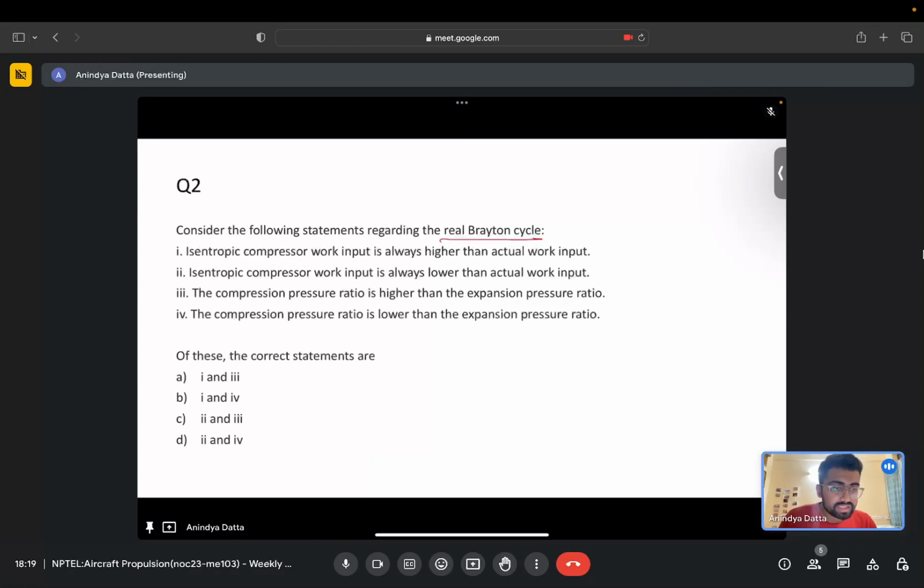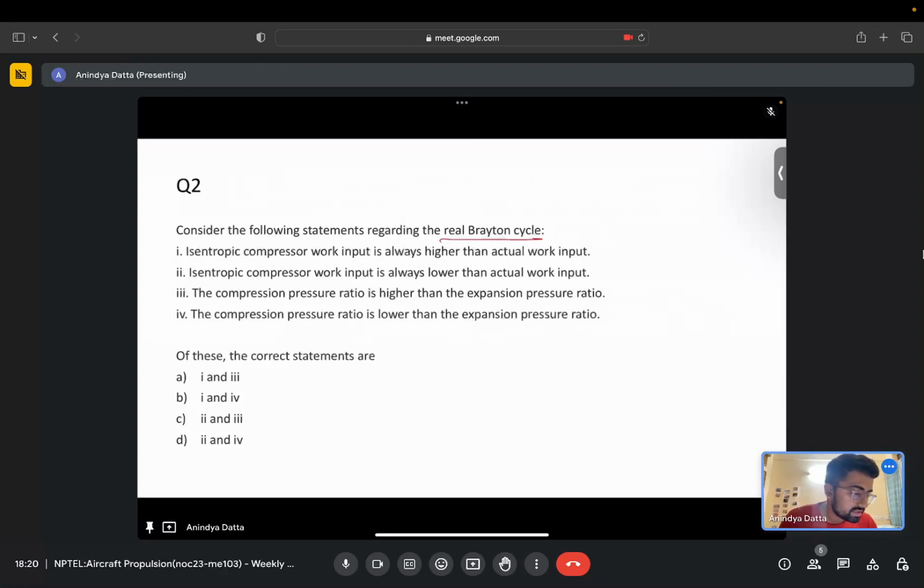Apart from that, there will be pressure losses in the combustion chamber, reheater and heat exchanger, so we have to consider the pressure losses there. In addition, we cannot neglect the kinetic energy changes, which we can account for by using stagnation temperature and stagnation pressure instead of static temperature and static pressure in the thermodynamic analysis, because it makes the computation easier. Okay? So let's look at the statements.